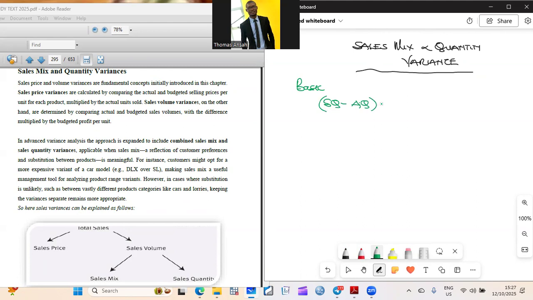And the selling price for marginal is the sales minus variable. All right, so let me help you. That's a very good observation that you have done.